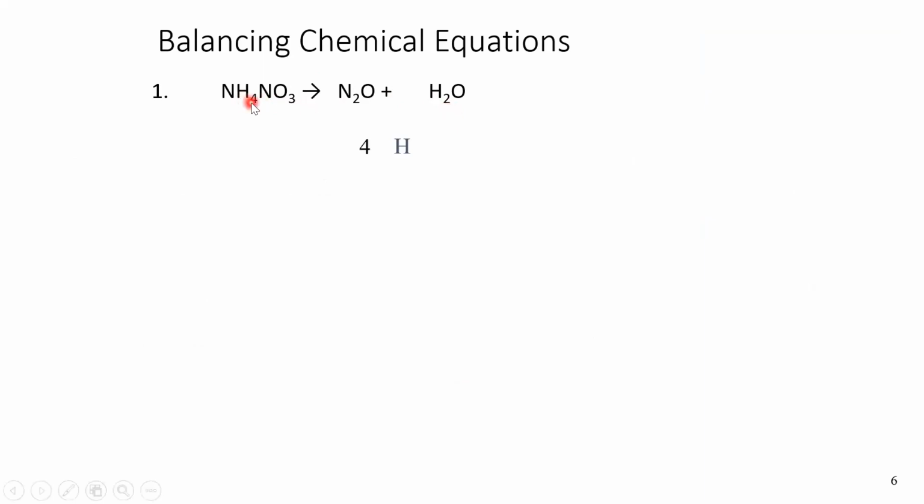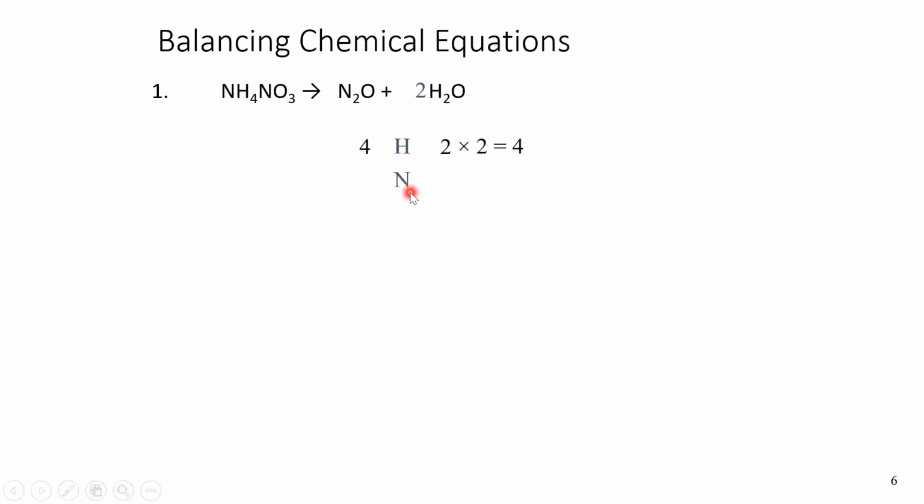We've got 4 hydrogens on the reactant side and 2 hydrogens on the product side. They're not equal. We can't change the subscripts, but we can put a coefficient in front of the water, which is a multiple, to balance out the hydrogen. So if we put a 2, that's going to give us 4 hydrogens on the reactant side and 4 hydrogens on the product side.